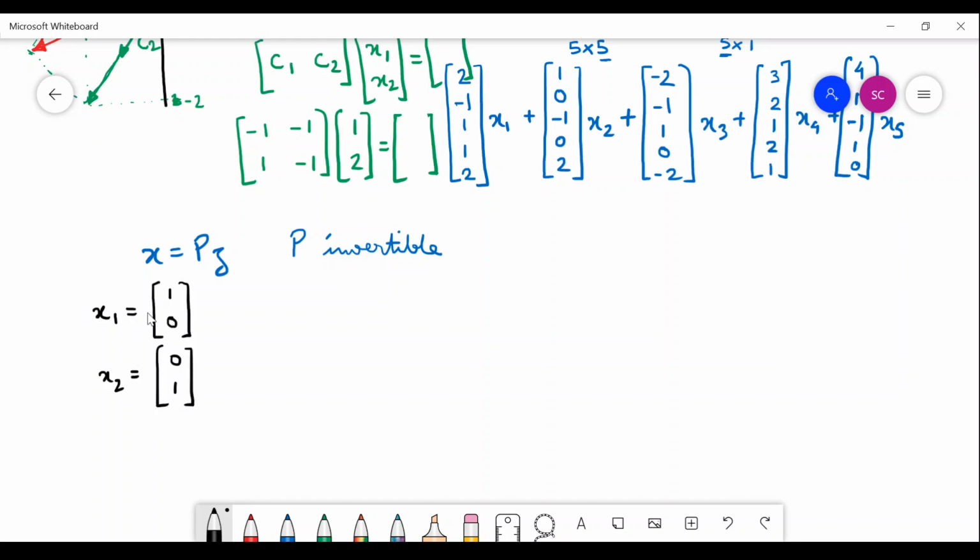This is the basic one, and if you need some other value than 1 here, you can simply scale this. It will be elongated or shortened, but the direction of the vector will remain the same, and we are concerned about the direction only. So if it is scaled by alpha, whatever transformation you apply, the vector you will get will also be scaled by alpha. So we are not bothered about alpha, we are taking the normalized vector.